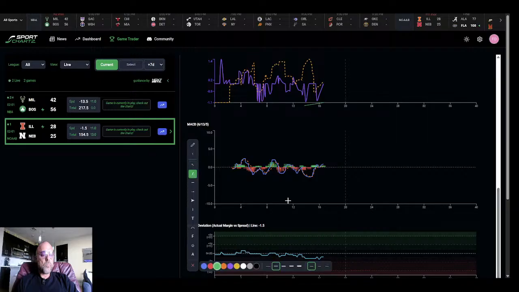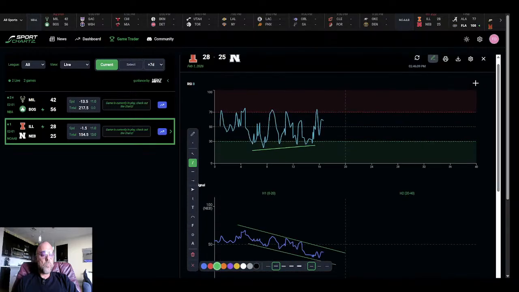The divergences would keep building possibly, so. All right, we'll come back after the commercial.